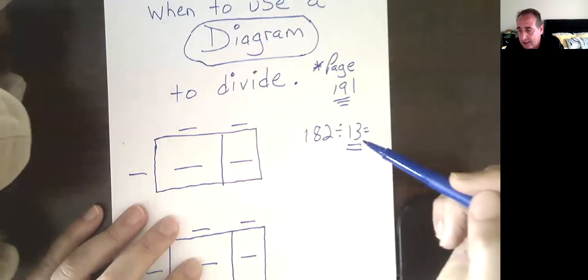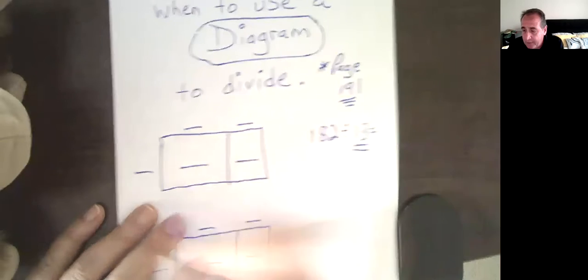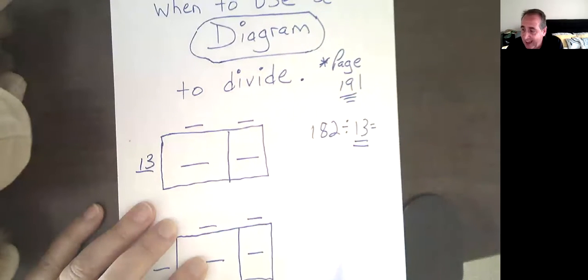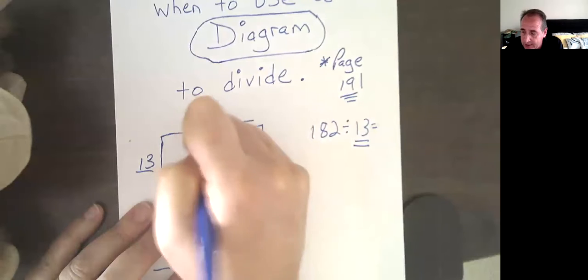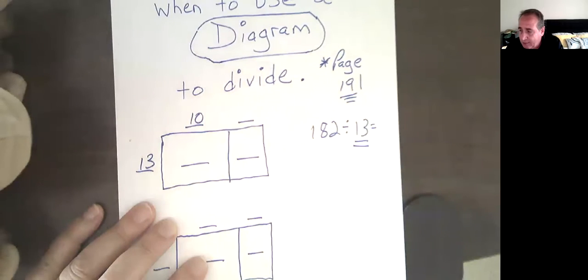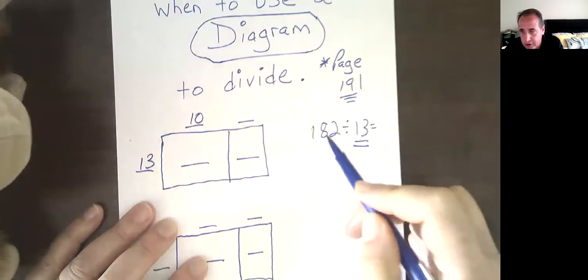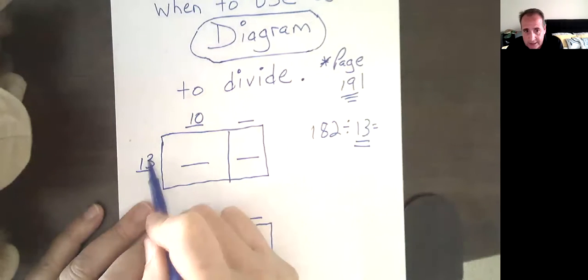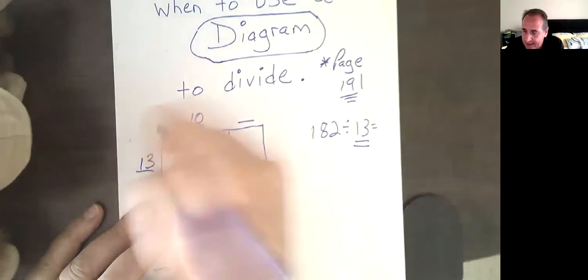130 is close. To make that 130, you have to use the 10. That's why I tell you to put a 10 up here every time, because you're getting close to the dividend. So we have 13, we multiply it by 10, and that's the 130.